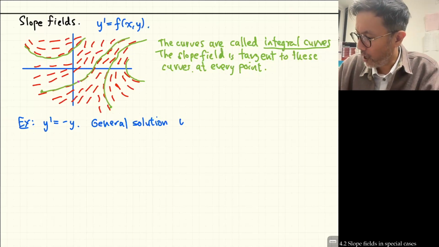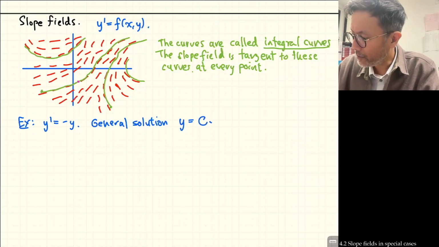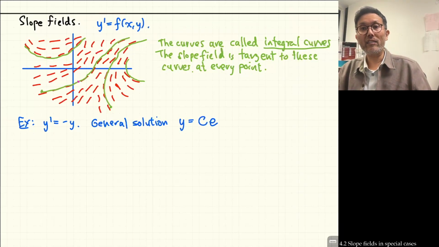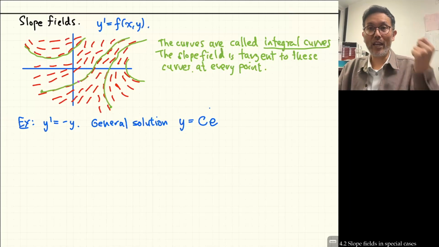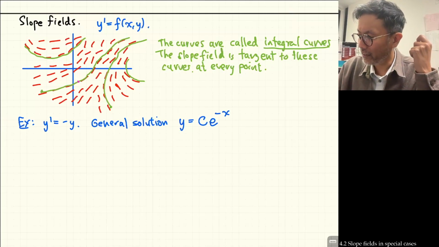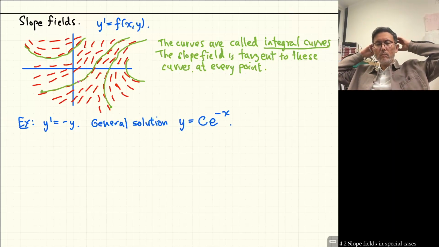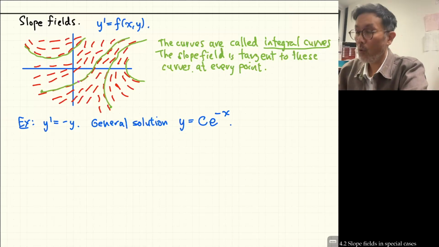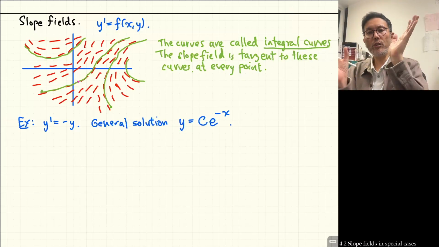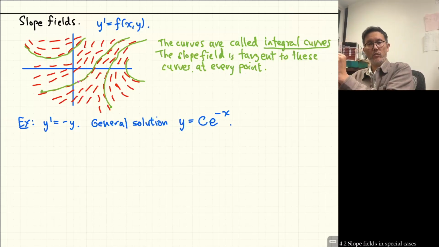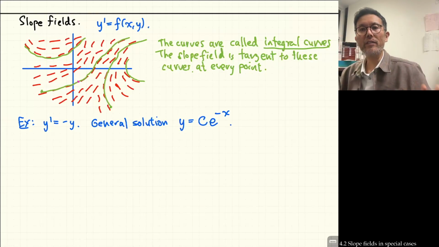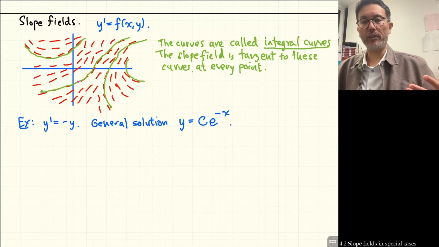The general solution is y equals c times e to the kx, right? K here is negative 1, so we get negative x, okay? Now, my claim is that we should be able to take a fixed solution to this and move it horizontally and again get a solution.